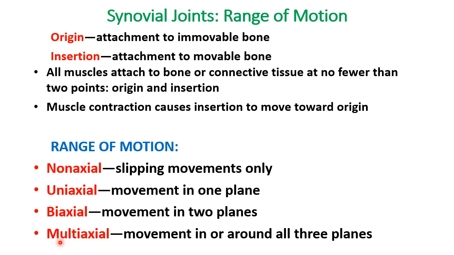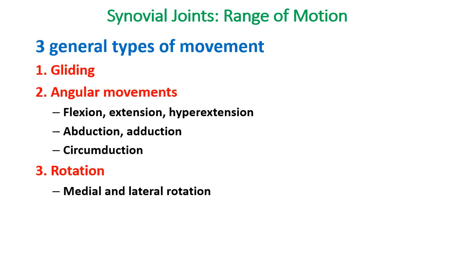And then you have the multi-axial. Which one would be an example of a multi-axial movement? Like your arm goes all around, right? That's multi-axial. Okay, so you have three types of movement. Gliding, as we mentioned, which is non-angular.